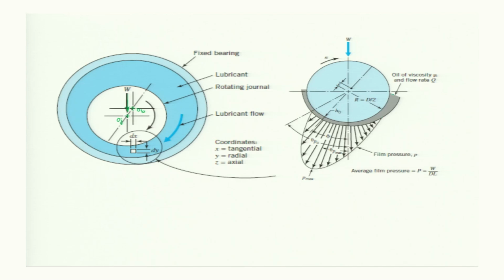Here a partial bearing is shown. The oil of viscosity mu and flow rate Q is supplied, and the load W is there.